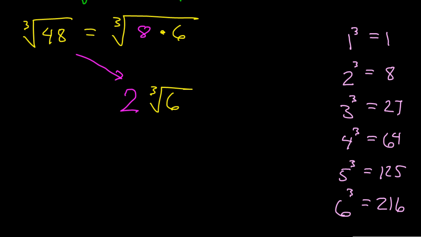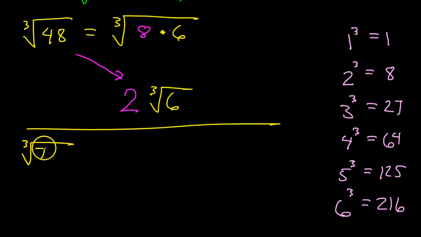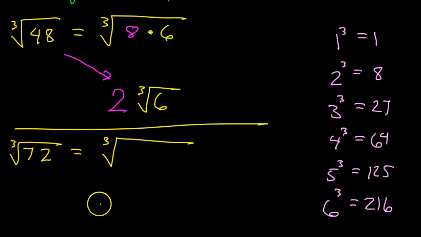Let's do that as well. Okay, so the cube root of 72. Alright, so just like before, we need one of these numbers to divide evenly into 72. Okay, and 8, once again, 8 works. 8 goes into 72 evenly.